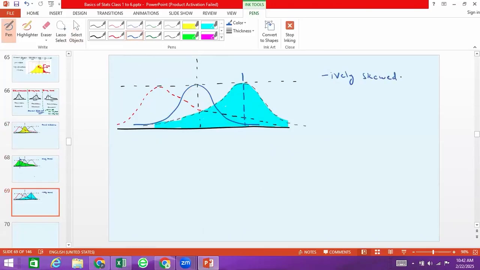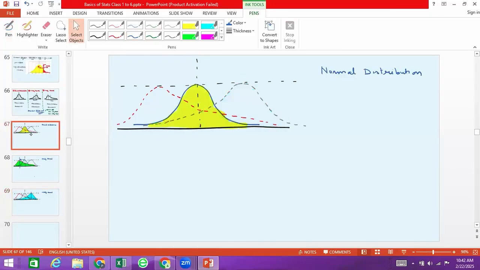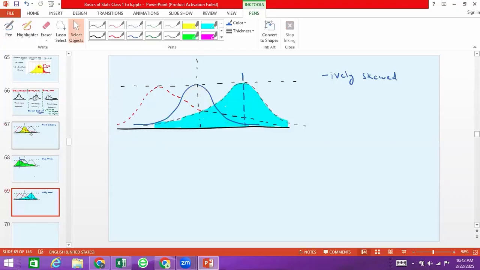This is based on the movement of the peak in the horizontal direction.